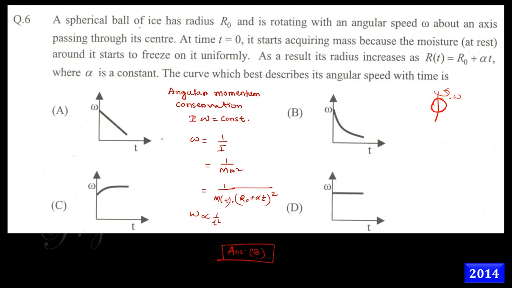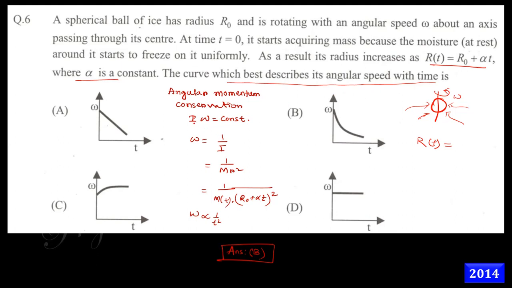At time t equal to 0, it starts acquiring mass from the moisture around it. As a result, the radius increases as a function of time, where alpha is a constant. The curve describes the speed with time.